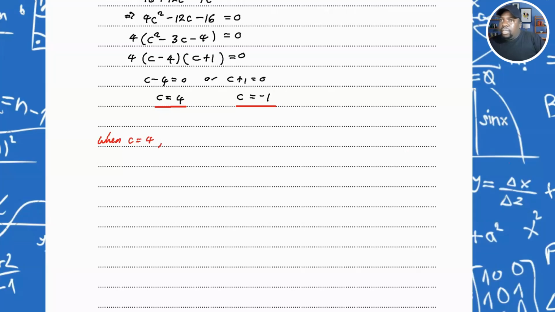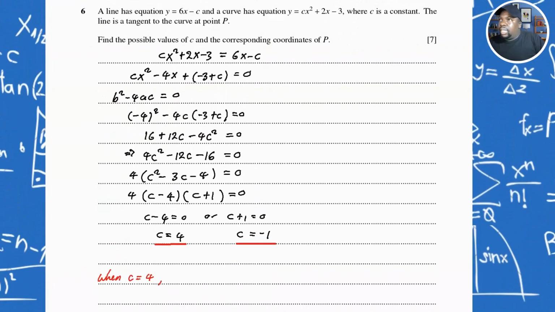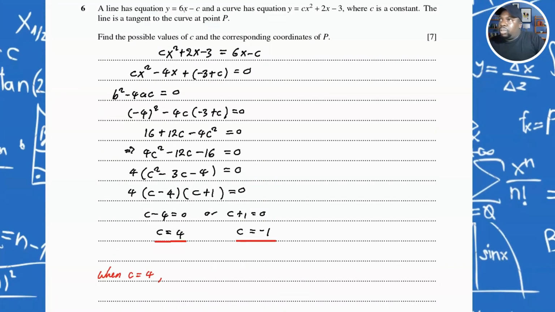We know that the equation here will be y is equal to 6x minus c. So it will be y equals 6x minus 4.